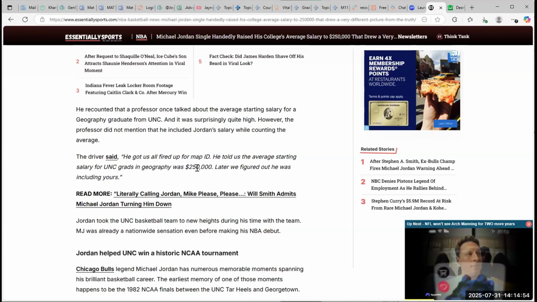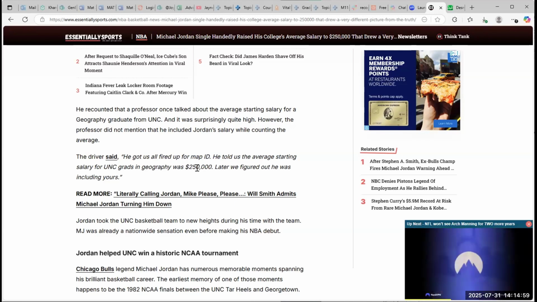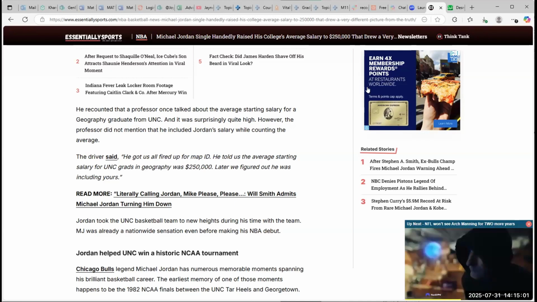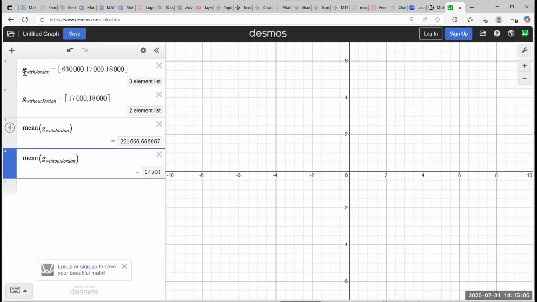Then the driver said, well, we later figured out that he was counting Michael Jordan because he was a geography major. If we take a look in Desmos, assume that we had Michael Jordan, in his first year out of college, he made 630,000, which doesn't sound like a lot of money, but in 1986, that was better than what most geography majors got.